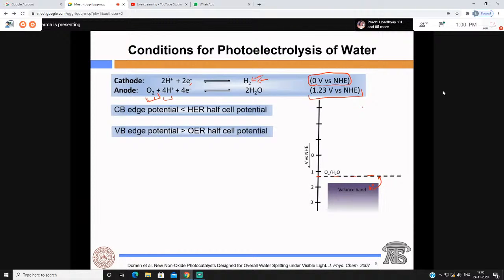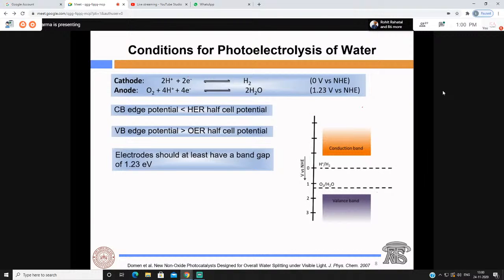Alternately, you can say that an electron can move from the oxygen evolution reaction to the valence band. So these are two conditions: in case of hydrogen evolution, the conduction band edge should be above, and for the oxygen evolution reaction, the valence band edge should be below the level of the oxygen evolution reaction. So till now this is clear.